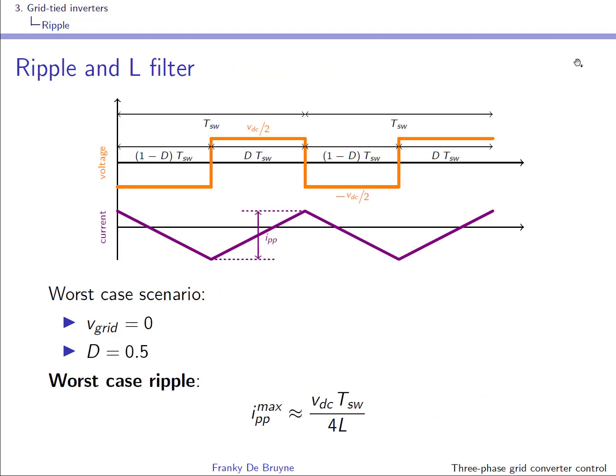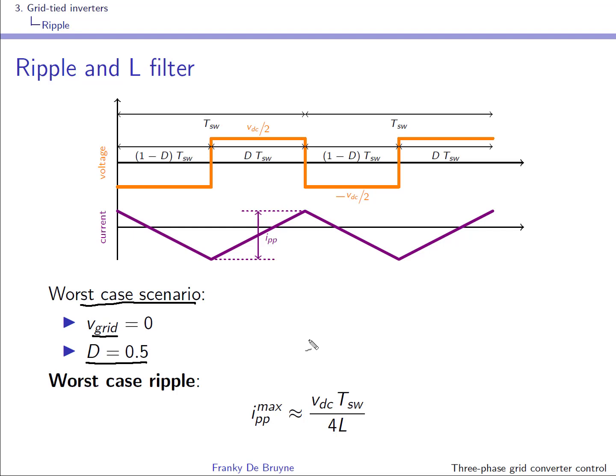We are now interested in the worst case ripple, the peak to peak value of this ripple, and you can show, I don't want to go too much into details, that the maximum value of this ripple will be obtained in the worst case scenario where the grid frequency is around 0 and where the duty cycle is around 0.5, and you see here that is indeed the situation that is drawn.